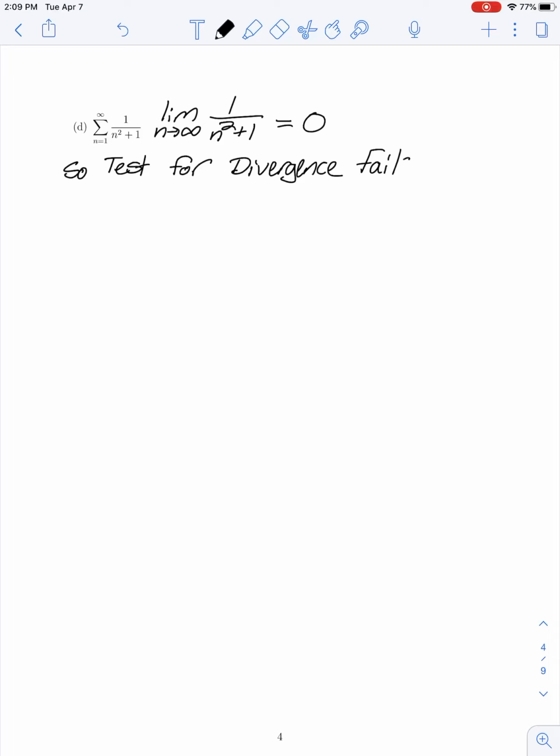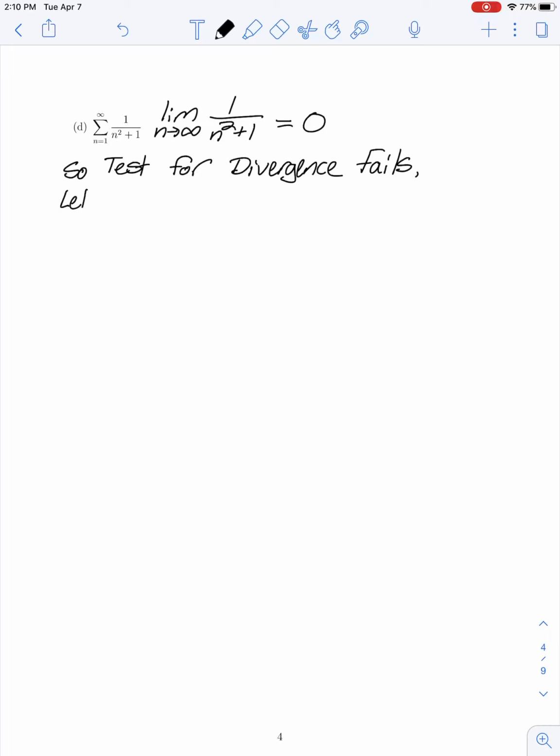We get no result about the convergence or divergence of this series. Now, in order to determine convergence or divergence here, well, the general term is 1 over n squared plus 1. So it's not a geometric series. It is not a telescoping series. So the only other method that we have is this integral test.